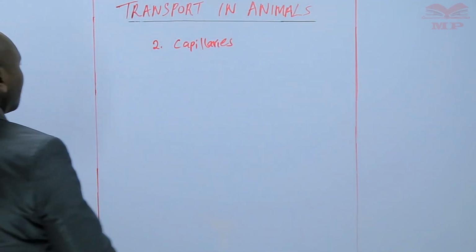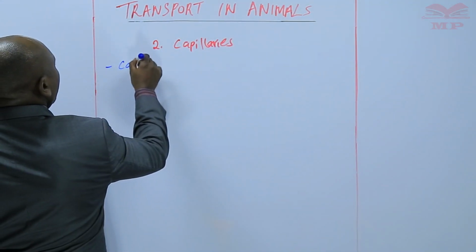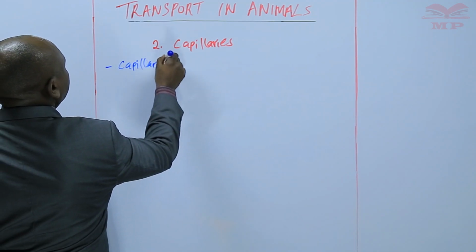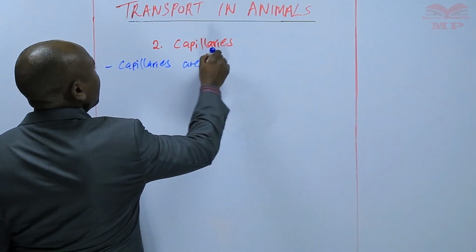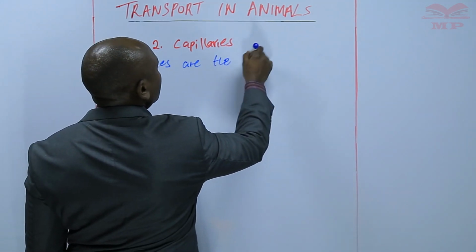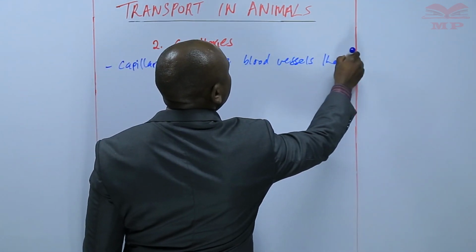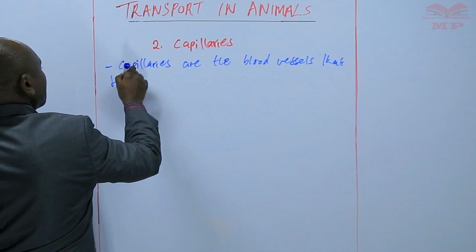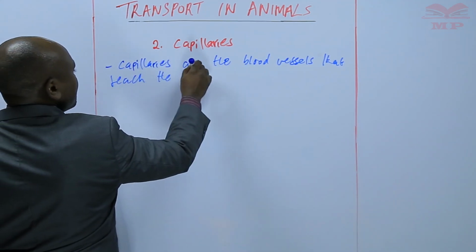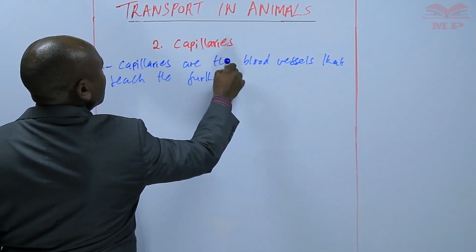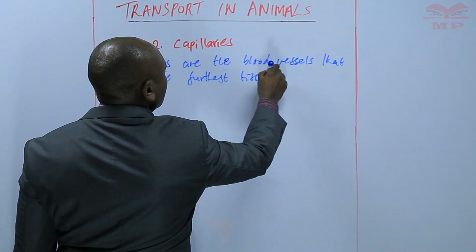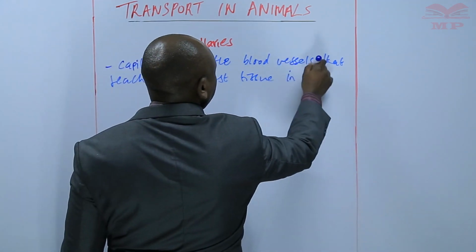So we are saying that capillaries are the blood vessels that reach the farthest tissue in the body.